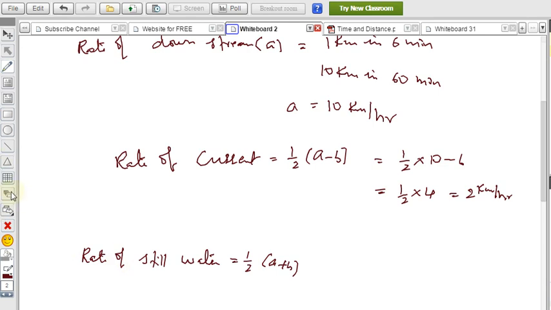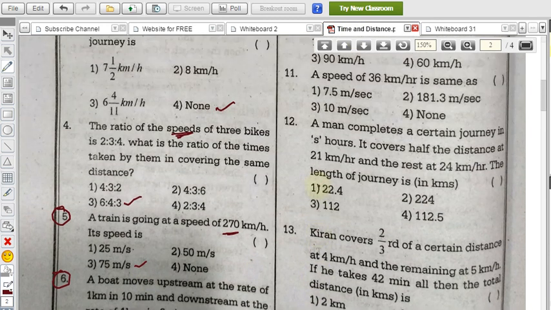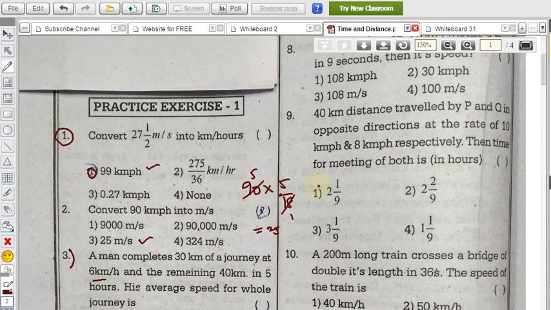When the water is still, the speed in still water is half into A plus B. Whenever they give upstream and downstream speeds, these formulas you can use.